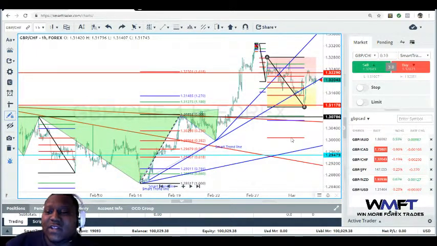Pretty much the analysis is done. It's not too much new to look at. It's just the market has been making the moves that we have been aligning from the charts on a British Pound pair. So we're gonna get into that right here.